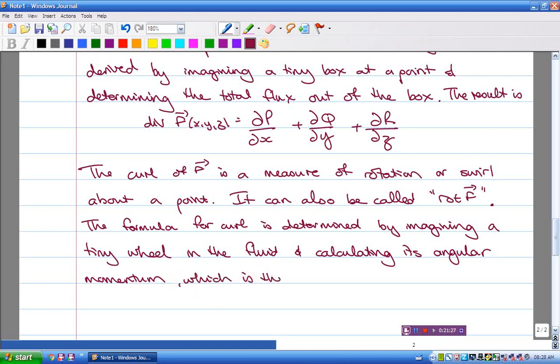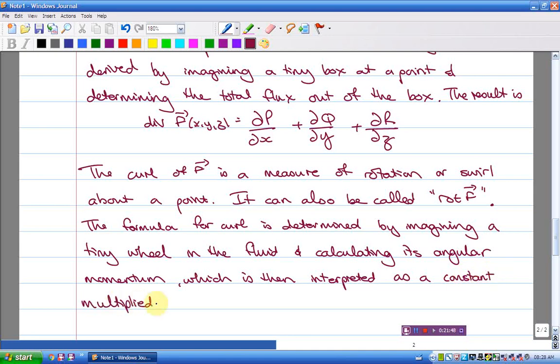So I'm just giving you a little bit of a glimpse into how these formulas are derived without actually deriving them ourselves, which we don't have time for, which is then interpreted as a constant multiplied by curl.